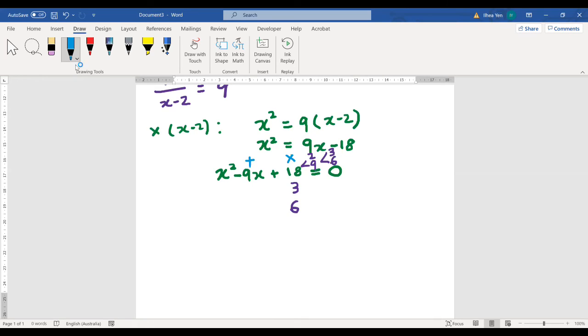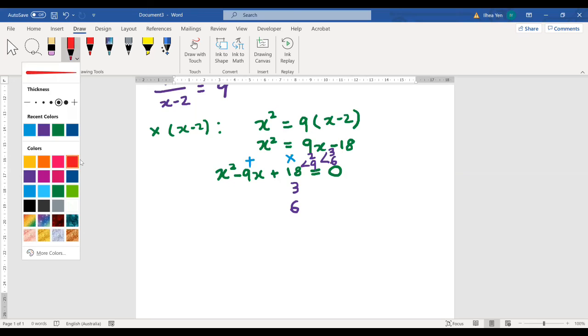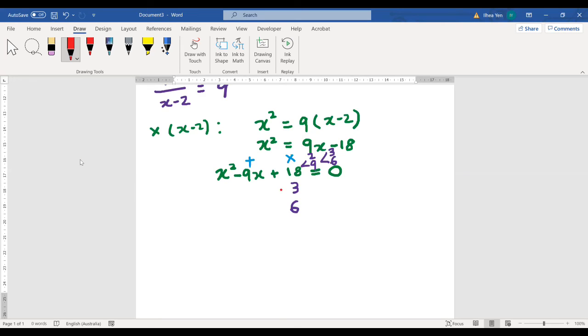So therefore, if I have negative and negative here, I know when I add them together, I'll get minus 9, and when I times them together, because a negative times a negative becomes a positive, and 3 times 6 is 18.